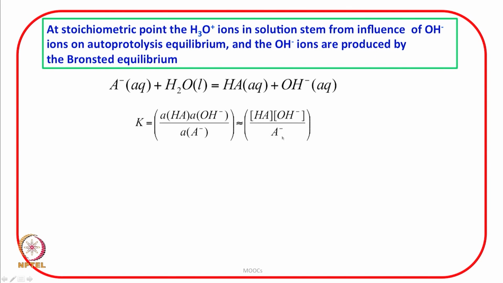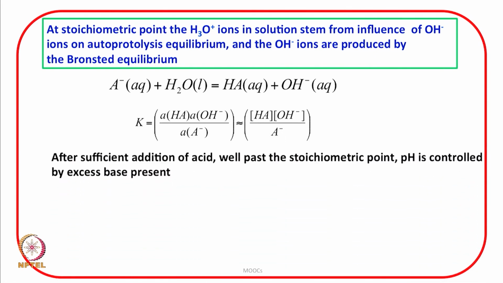Now, what happens after sufficient addition of base, that is, well past the stoichiometric point? The pH is controlled by the excess base present. Please look at this statement very carefully. After sufficient addition, well past the stoichiometric point, pH is controlled by excess base present. How?